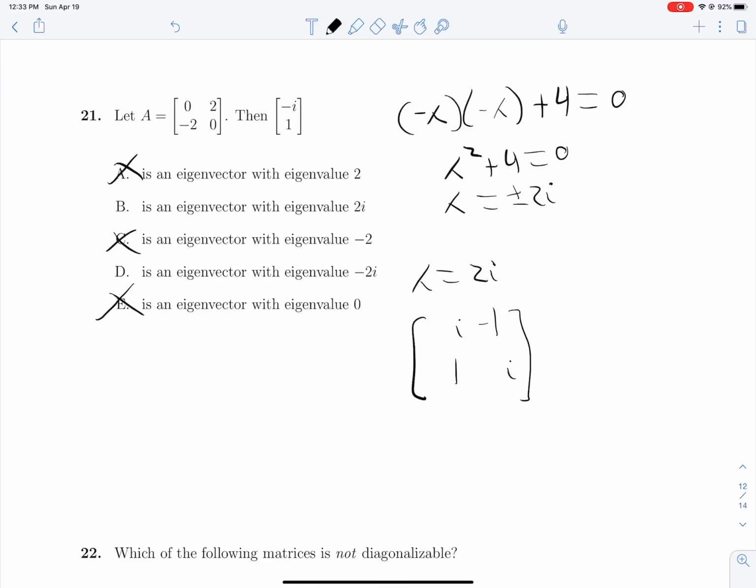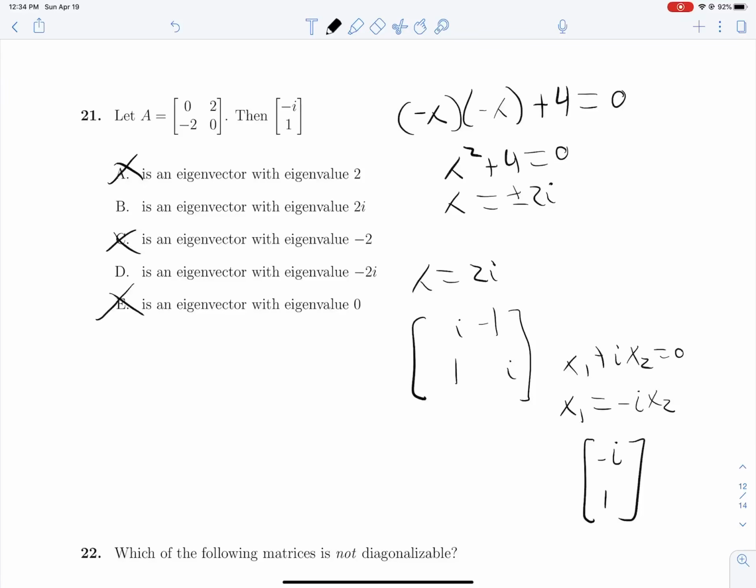And since our second row is saying that x1 plus i x2 is equal to 0, we can see that x1 is equal to negative i x2, and thus we can write our eigenvector as a vector of x2, where x1 is equal to negative i and x2 is equal to 1 of itself.